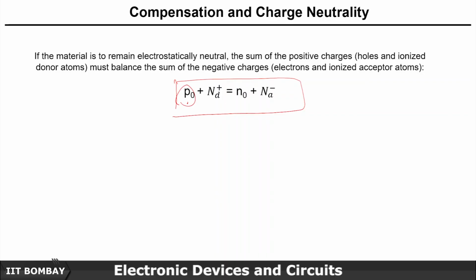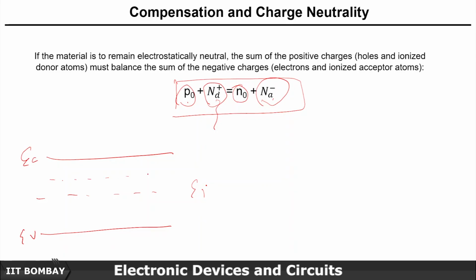This is, you can say, the equilibrium concentration before doping. This is because of the dopants, where these are the donors and they get a positive charge because they are giving the electron. Similarly, this is the number of electrons in equilibrium before doping, and these are the acceptor atoms which accept the electron. So let's say I draw a diagram where both acceptors and donor atoms are there. This is somewhere in the middle, EI, this is your EC, this is EV, and EF is somewhere here. As I have drawn EF above EI, from there you must get an idea that ND is greater than NA here.